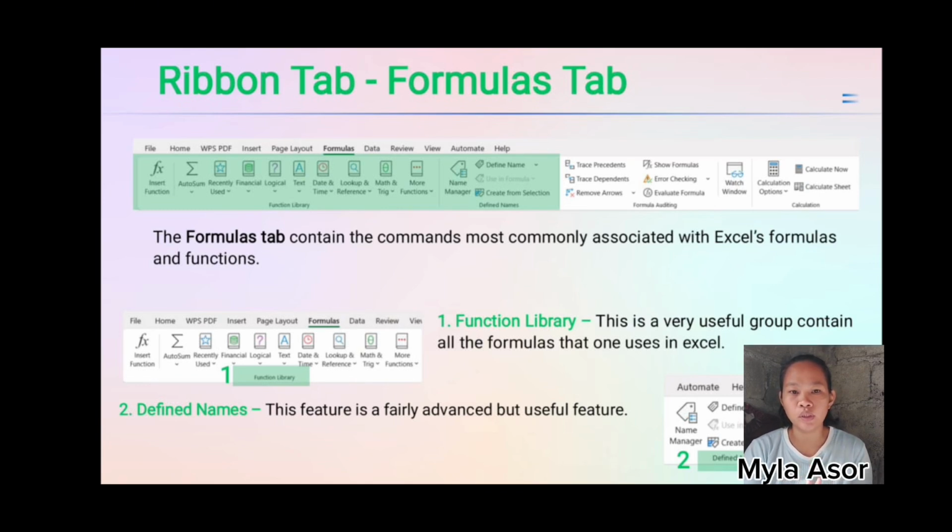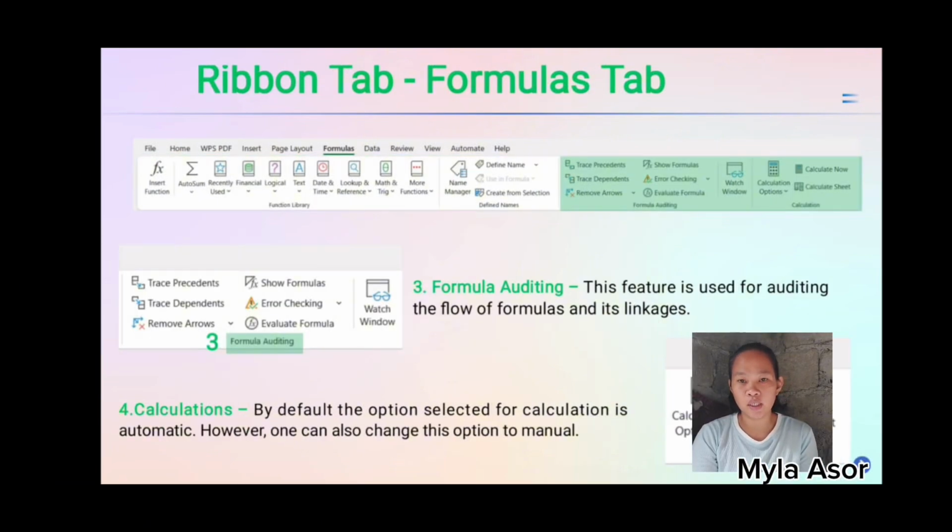And number two is Define Names. This feature allows you to assign names to cells or ranges, making it easier to reference them in formulas. This is especially useful when working with large worksheets. And the next one is Formula Auditing.